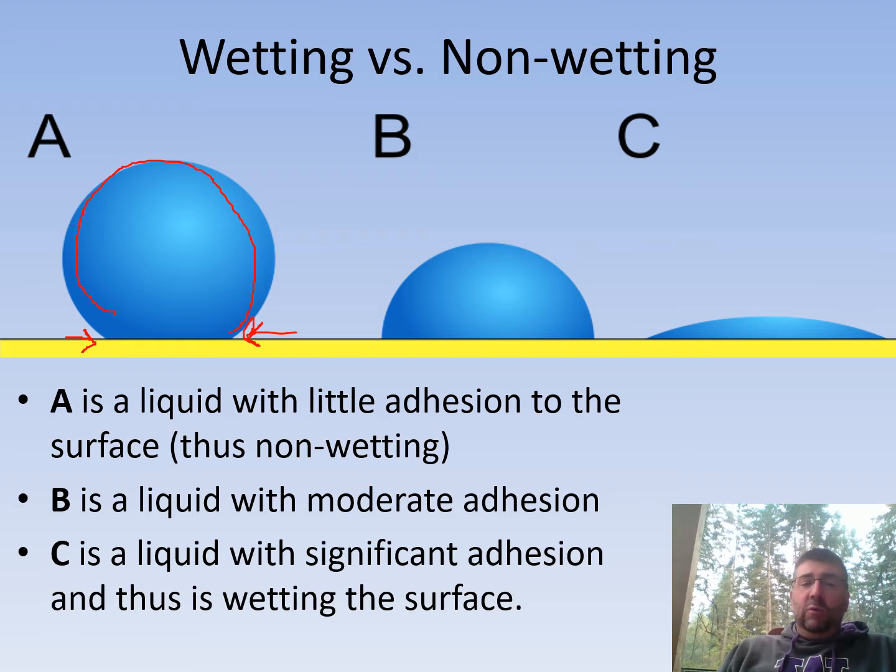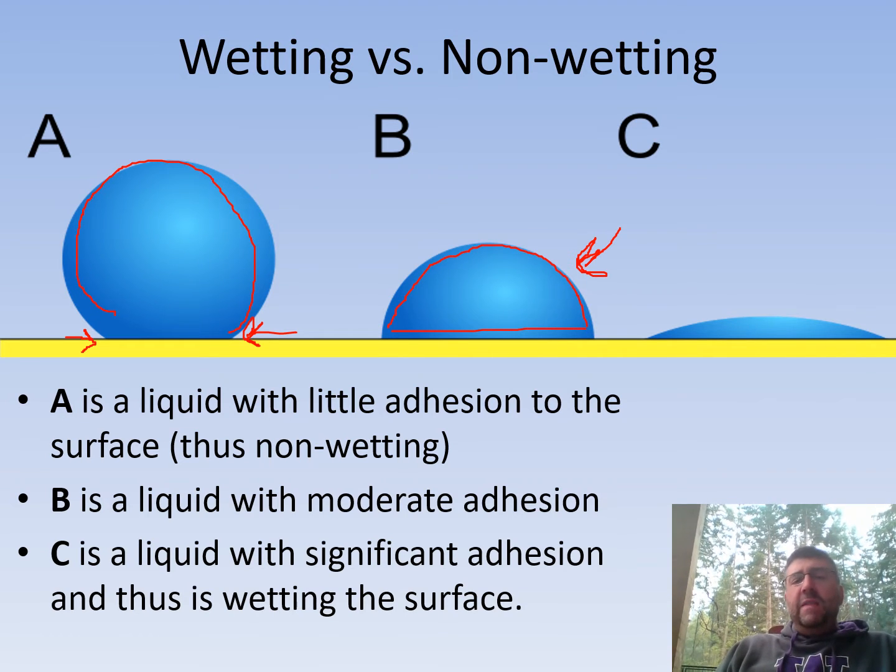So non-wetting substances are basically substances that have no attraction, no adhesion to the surface they're on. B is a liquid with moderate adhesion. You'll notice that it still has fairly good cohesion, so it's making this nice dome, but it's also got quite a bit of surface area in contact right there. And then letter C is something that has very high adhesion and pretty low cohesion. It's not forming that dome, but it really is attracted to the surface that it's on.